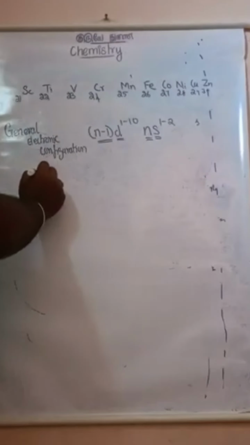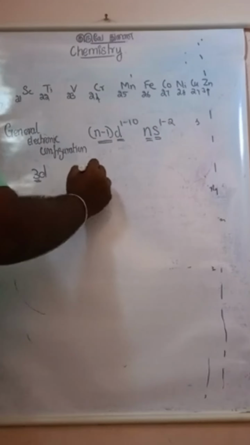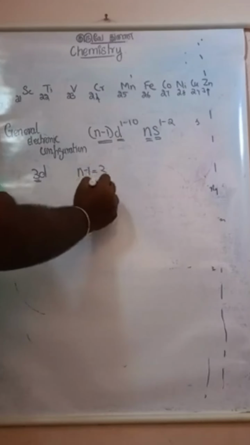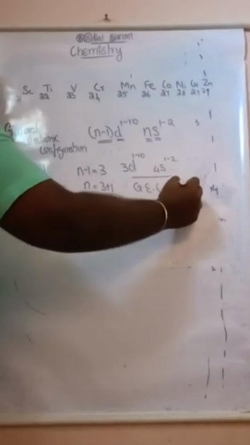For the first, 3d series, what is the number preceding the d? 3. So n minus 1 is 3. What is n? 3 plus 1, n equals 4. Substituting, 3d 4s: 3d 1 to 10, 4s 1 to 2. This is the general electronic configuration for the 3d series.